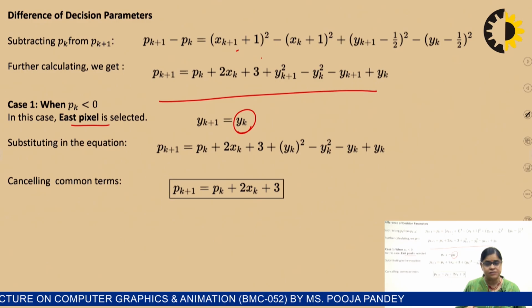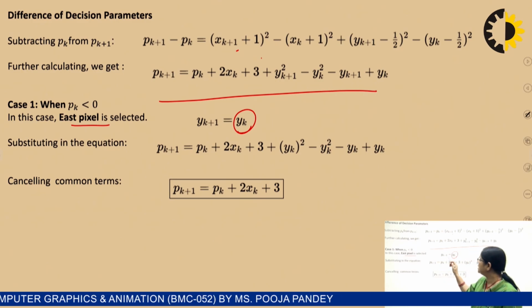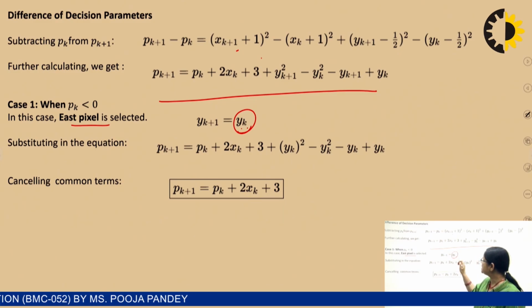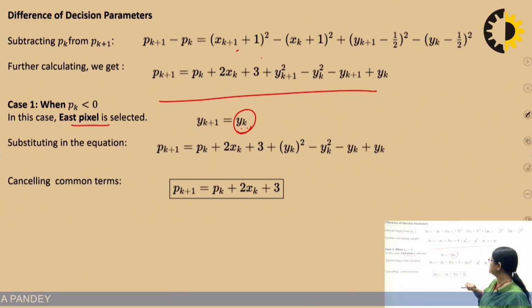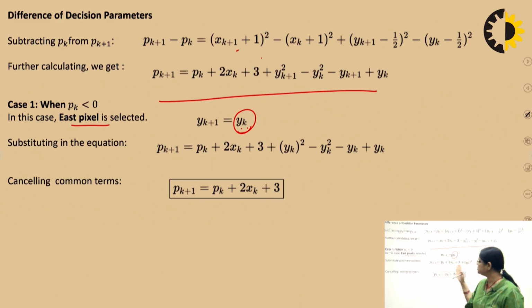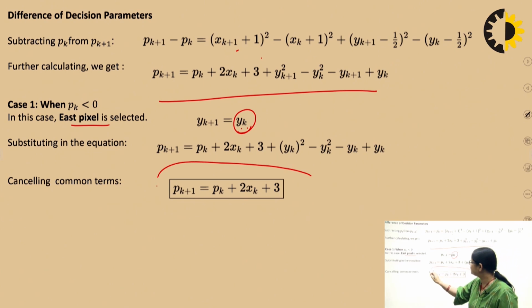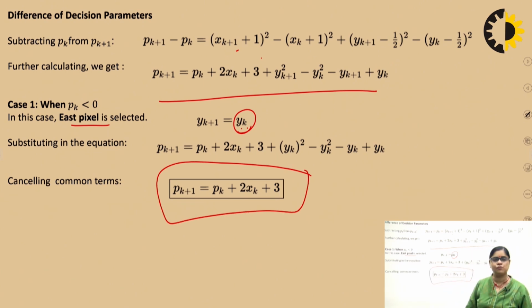So for the east pixel, for yk+1 we use yk, and this yk is simply substituted where yk+1 is given. Then after the substitution, we find the final value of pk+1, that is pk plus 2xk plus 3. After the derivation, for solving numericals you all have to keep this equation in mind.